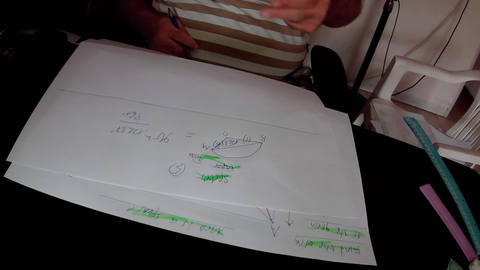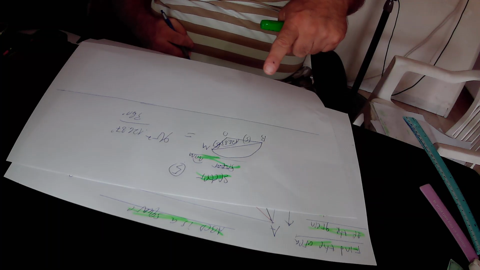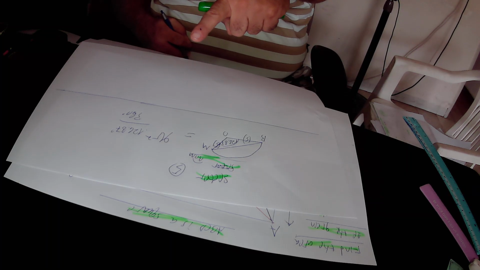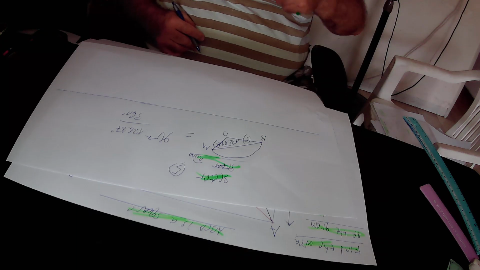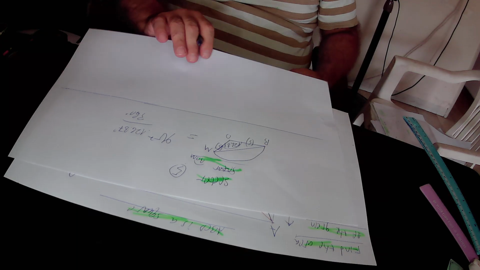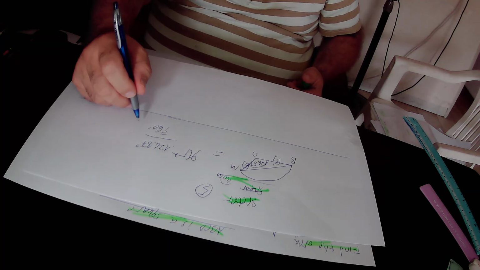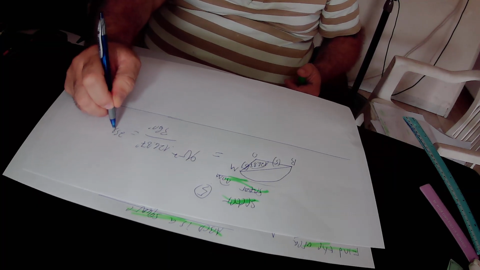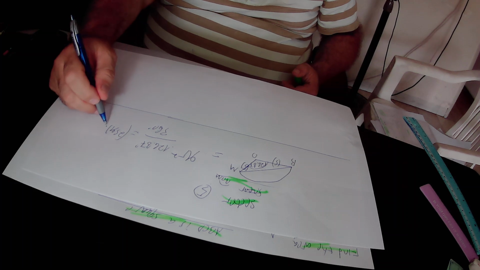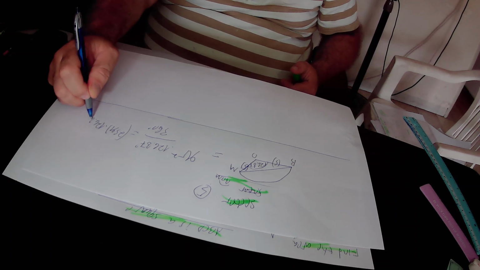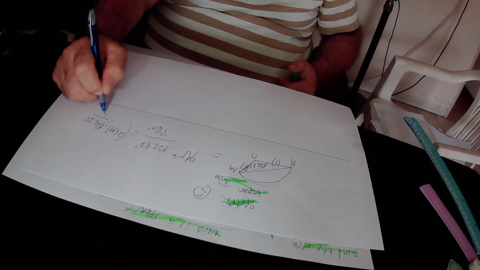So the area of this sector BOM equals pi r squared times 126.87 degrees over 360 degrees. R is 5, therefore r squared is 25, so pi r squared is 25 pi, times 126.87 degrees over 360 degrees.